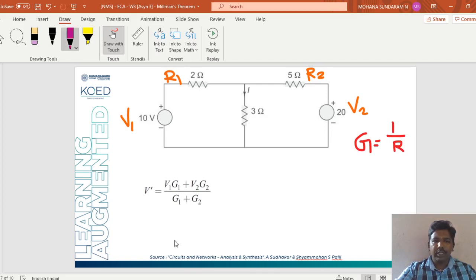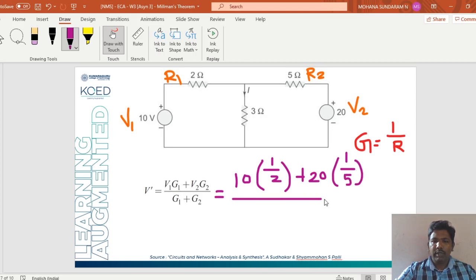Let us substitute: V1 is 10 and G1 is 1 by 2, plus V2 is 20 and G2 is 1 by 5, the whole divided by 1 by 2 plus 1 by 5. When you substitute the values and solve, you get the voltage as 12.86 volts.